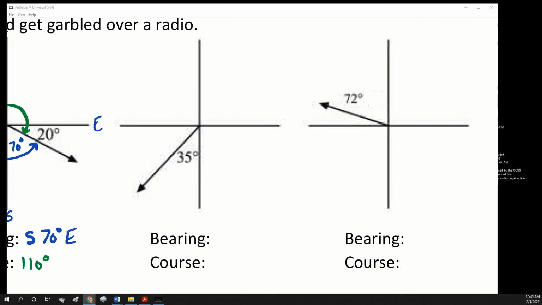Okay, and then for the next one, for our bearing, we would use north or south. South. And then we're going to rotate 35 degrees from the south. So our angle is 35 degrees. And it's rotated toward which direction? The west. Great.